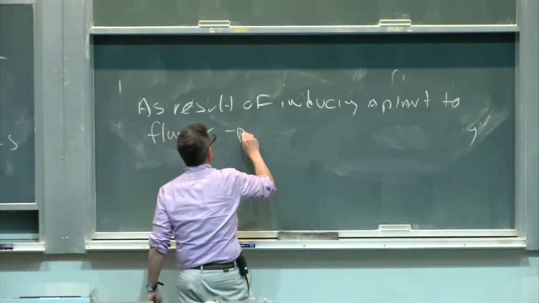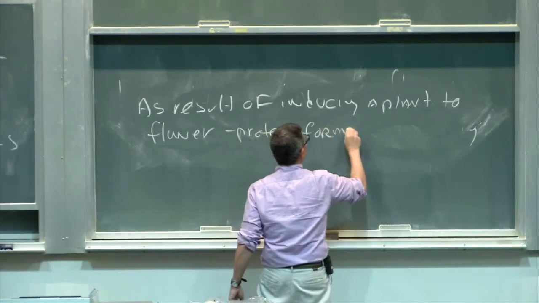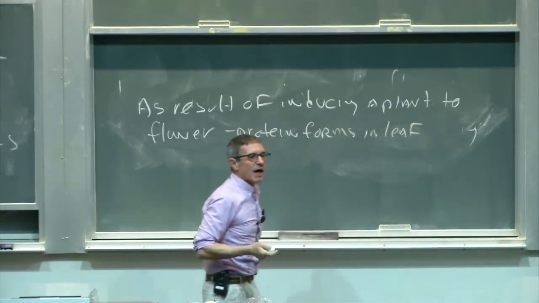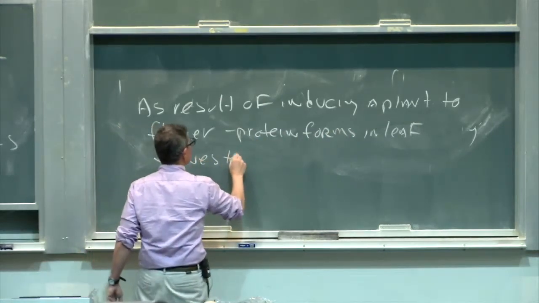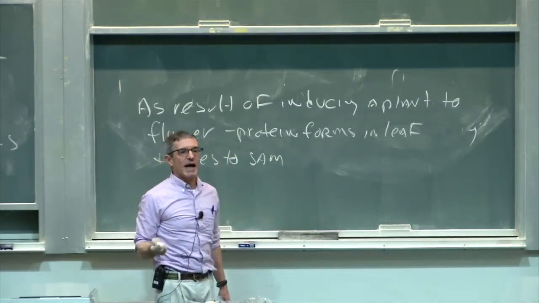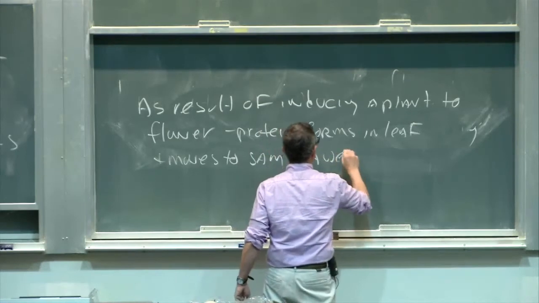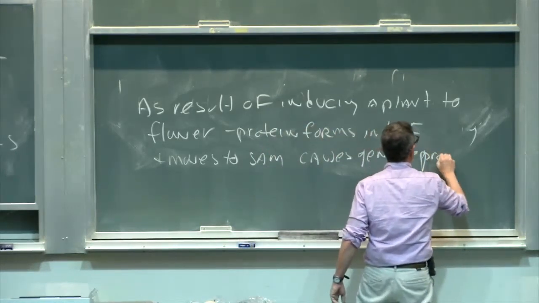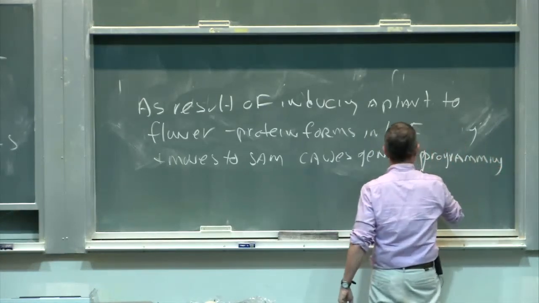The protein forms and moves to the apical meristem and causes gene activation and flowering, or gene reprogramming, if you want to put it that way, and flowering.